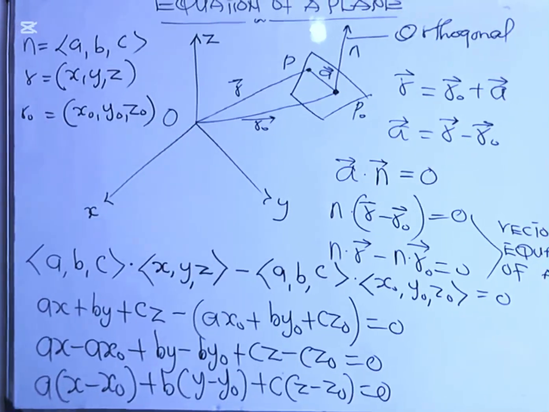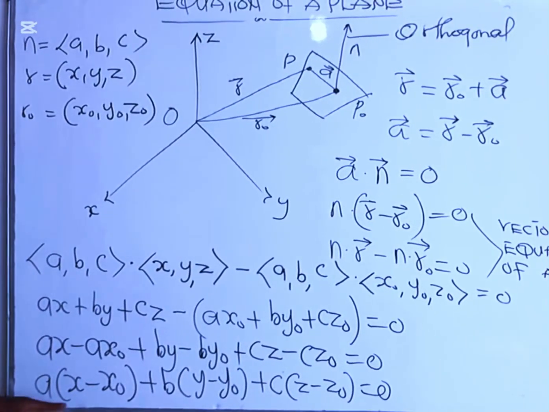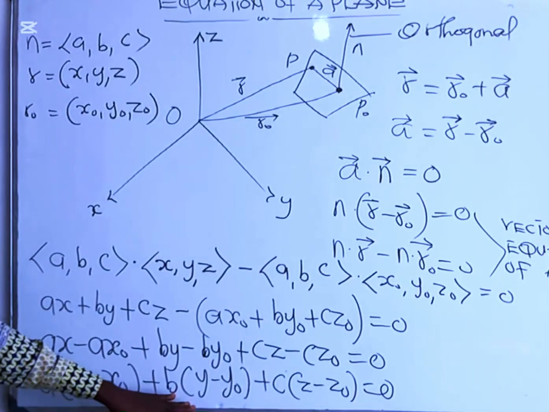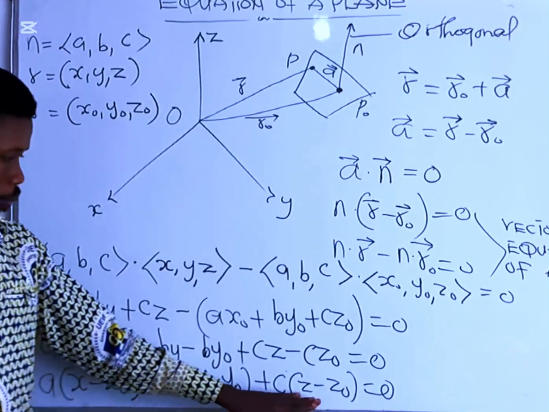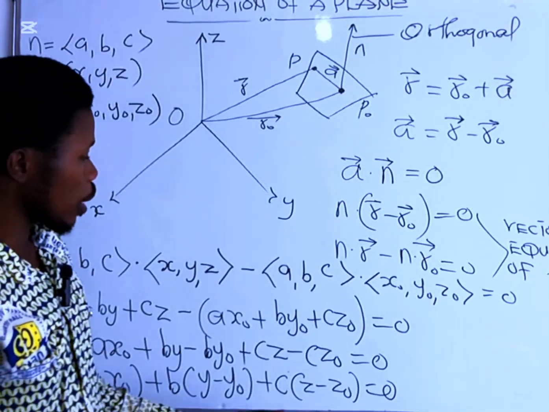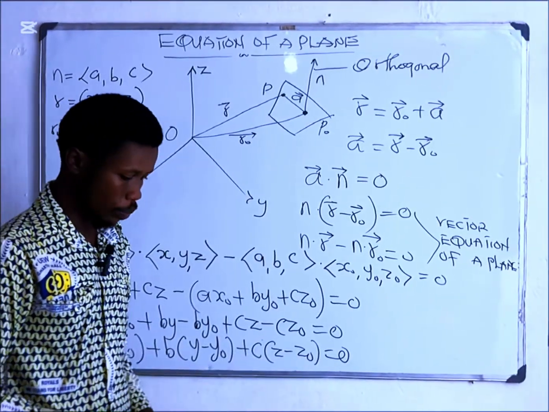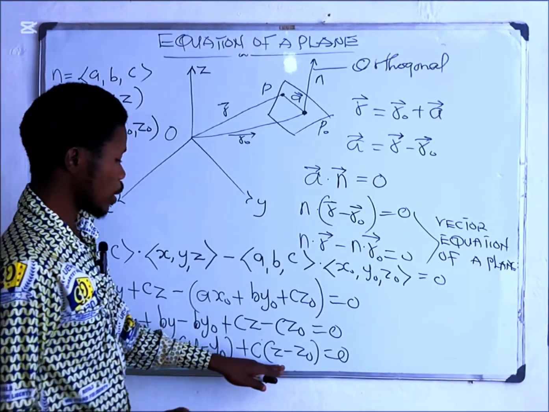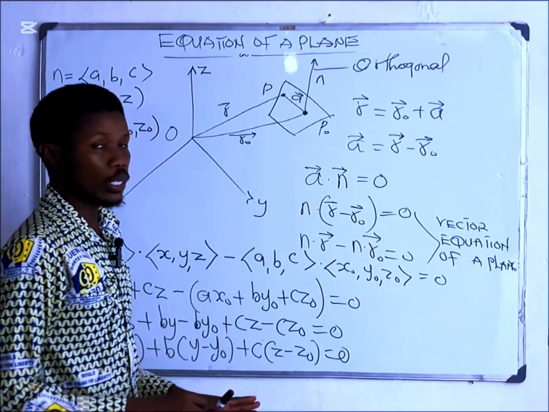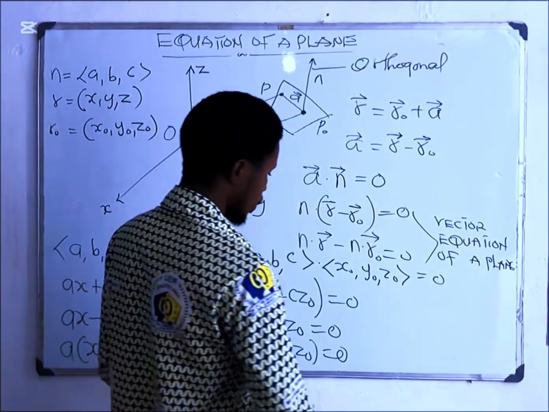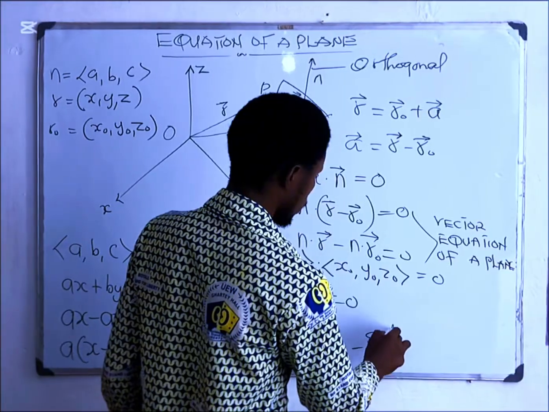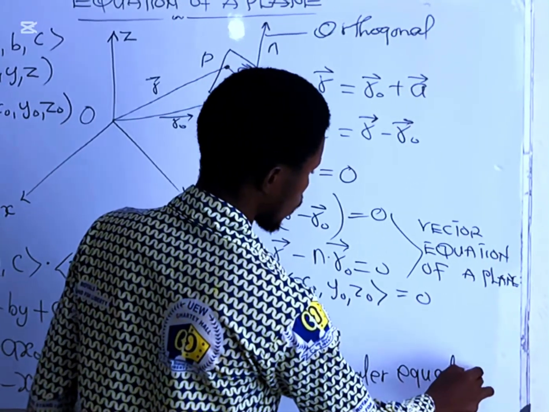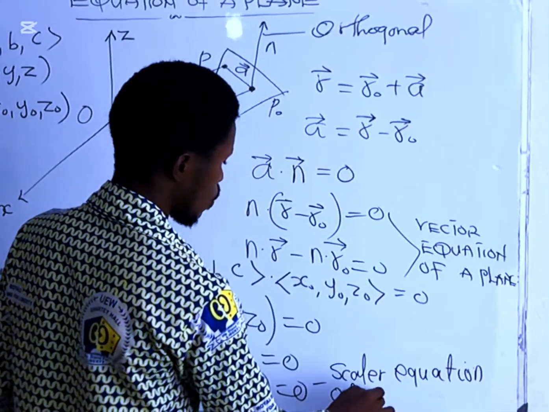So this is a very beautiful thing, right? So this is what we have. Now, after having this formula, it is called the scalar equation of a plane.